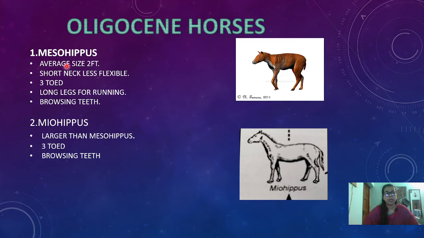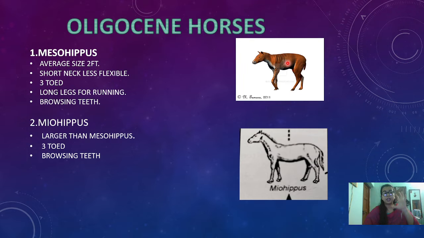The neck was short, and the back became less flexible. First they were more flexible, but as evolution took place, their back became more rigid, or less flexible, and from four-toed they finally became three-toed.